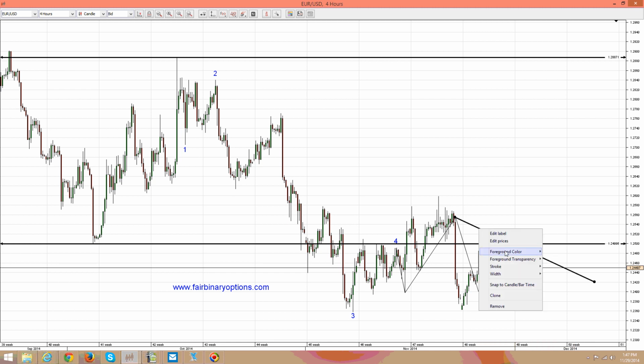Let's make it of a different color. And this should be the A and C trend line like this. So all eyes now should stay on the B to D trend line to be broken, because on a break of the B to D trend line we'll have basically a break of two important levels.